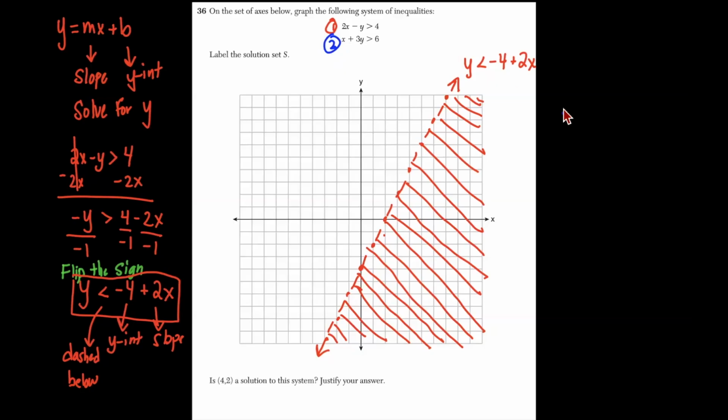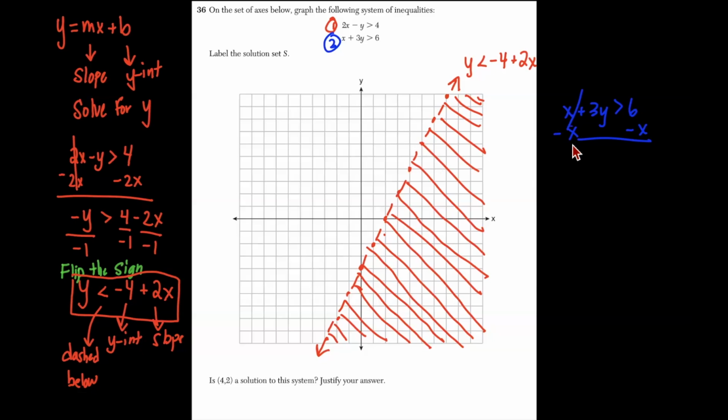Now, number 2. Same idea: now I've got x plus 3y is greater than 6. I want to solve this for y. Two steps. Number 1, I subtract x from both sides, and I end up with 3y is greater than 6 minus x.